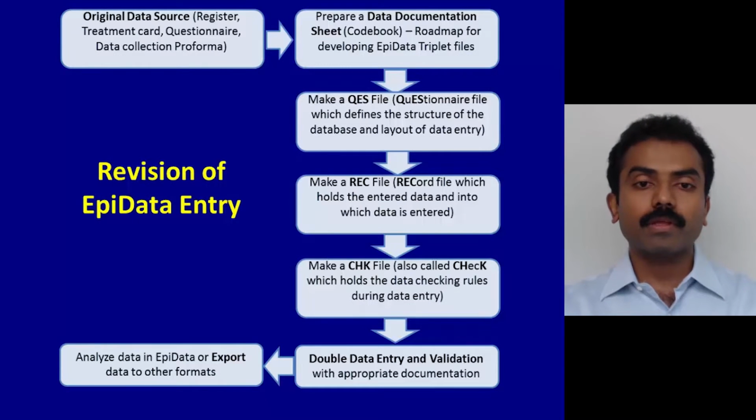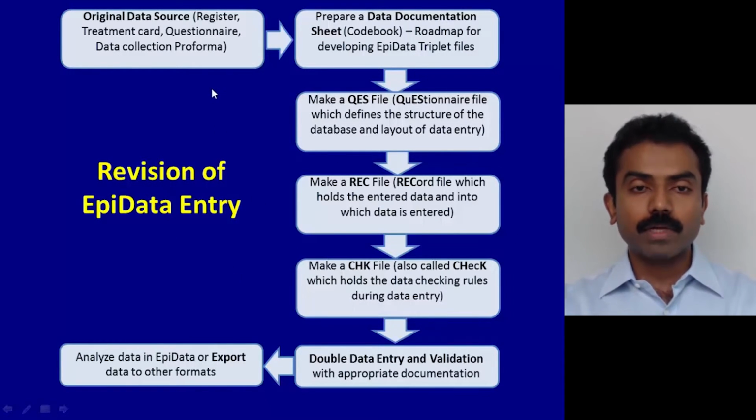Okay, so just to finally summarize and revise, let's look at this. We began with our original data source. We learned how to prepare a data documentation sheet. We learned what's a quest file, rec file, check file, many check commands we learned. We learned how to set it up for double data entry and validation.